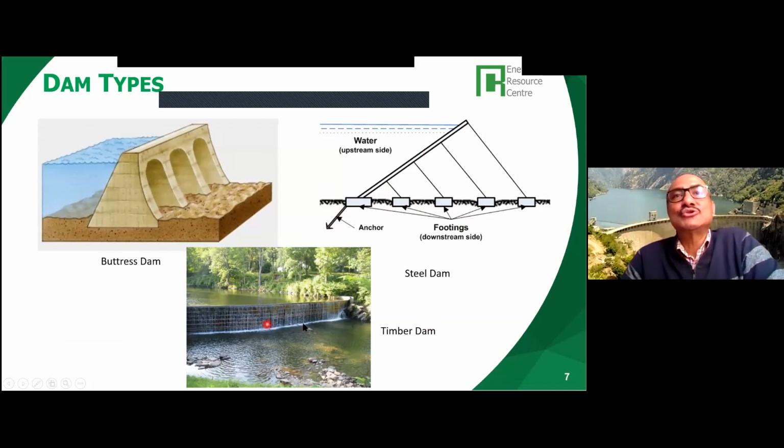Timber dam, I use local material just to raise a dam. So this can be used. A timber dam will be cheap, but you may have to repair it every few years. So for a mini hydro project, this type of dam might be a good economic consideration also. But of course, it depends on the material available and other factors.